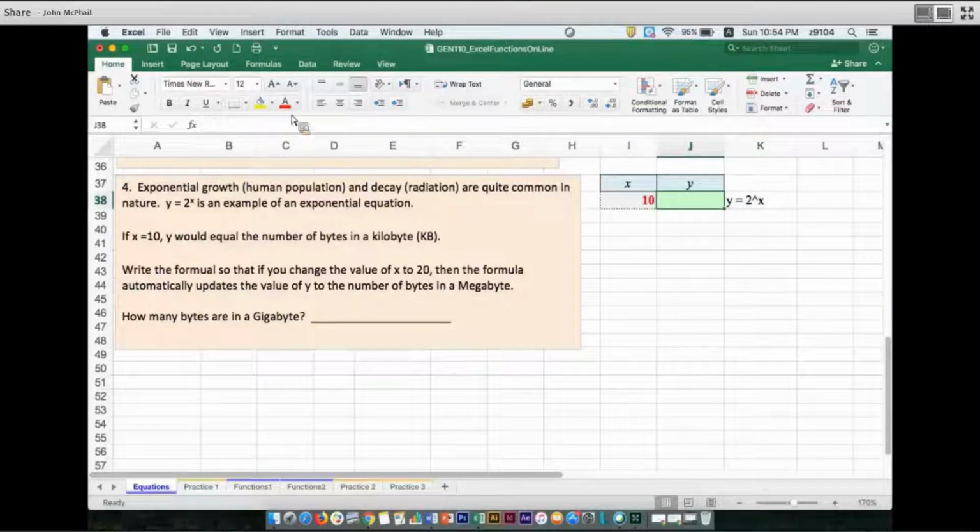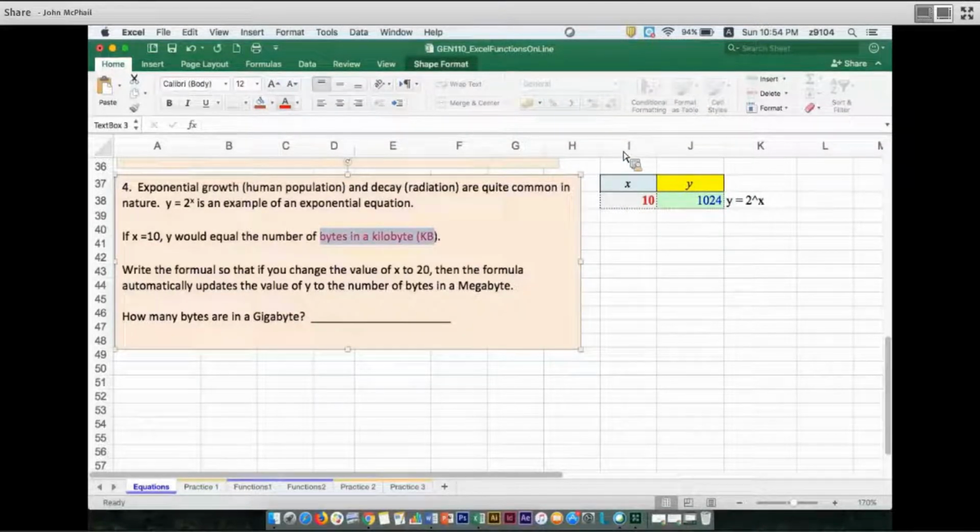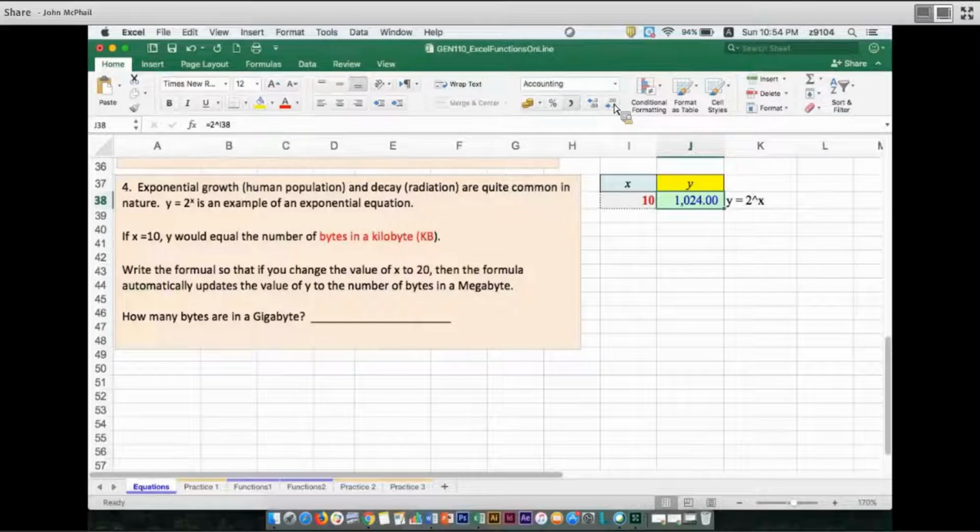The value of y equals 2 raised to the power, and don't forget x is over here, but don't click on x, click on the data. 10, 2 to the power 10, 1024. That is the number of bytes in a kilobyte, 1024. Would you like to see a comma in that number? Hit the comma button. You don't want decimal places? Use the decimal place reducer.